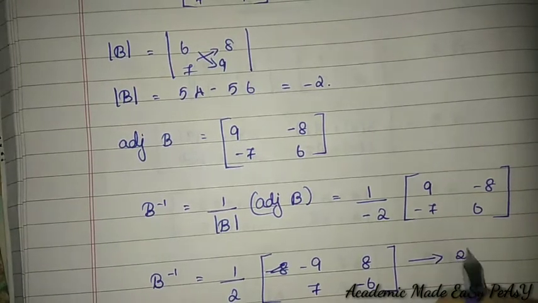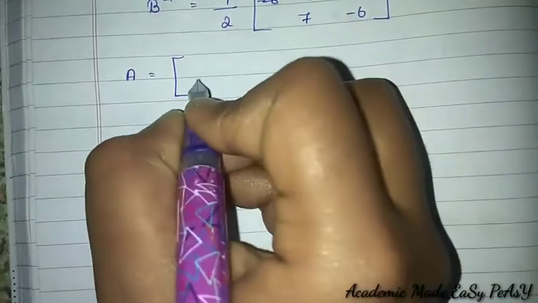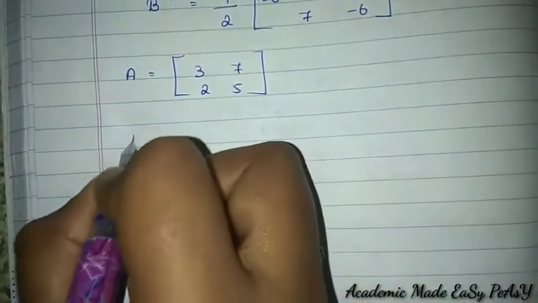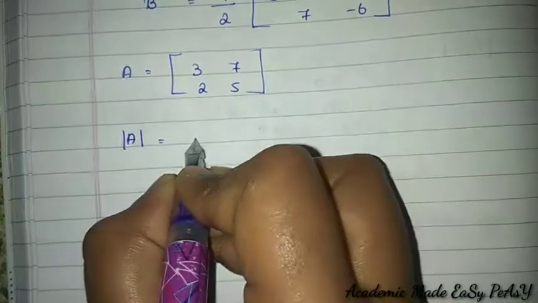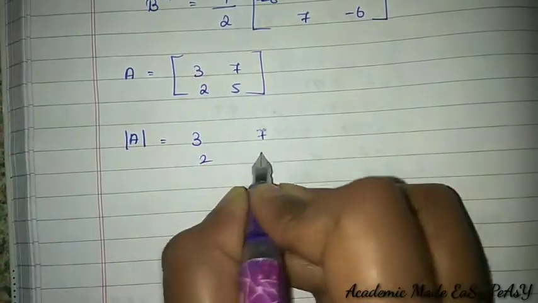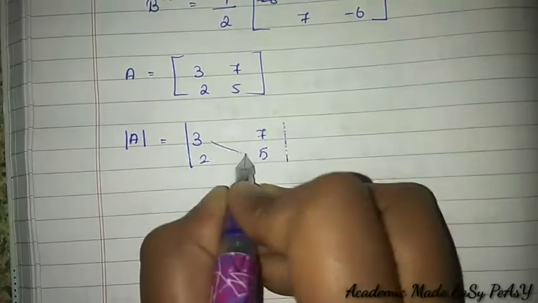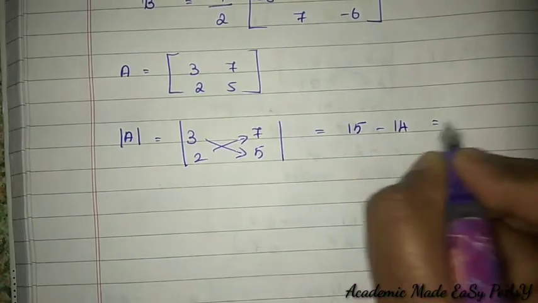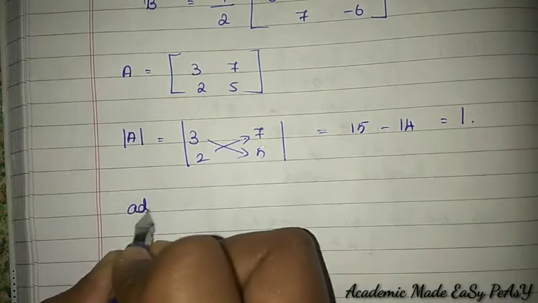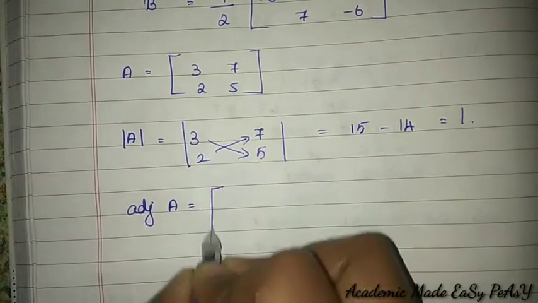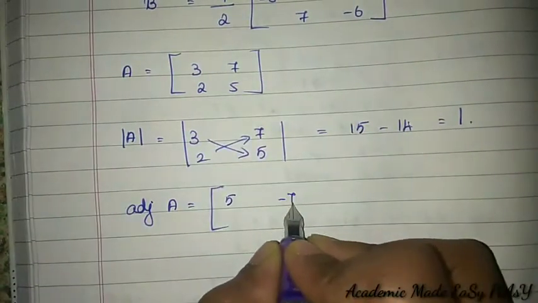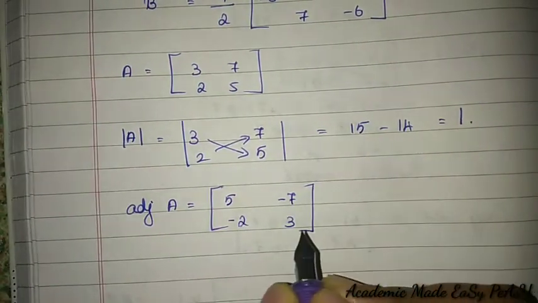So let this be equation 2. Now let's find for A. So what is our matrix A? 3, 7, 2, 5. So first let me find the determinant. So determinant is 3, 7, 2, 5. So I will be using the cross method. So 15 minus 14 is equal to 1. So now adjoint of A is equal to, these two elements will be swapped and the signs changed, so this is the adjoint.